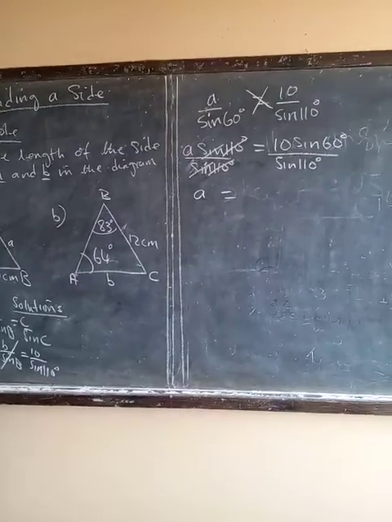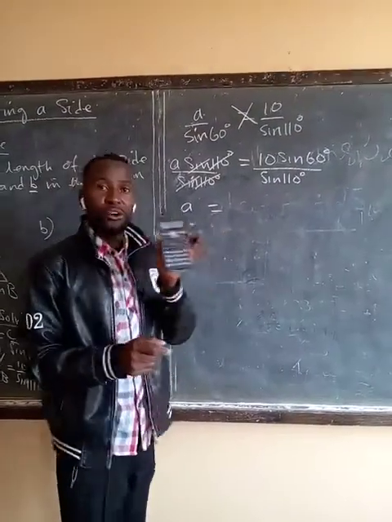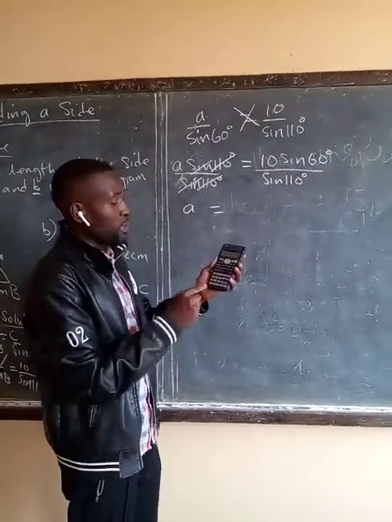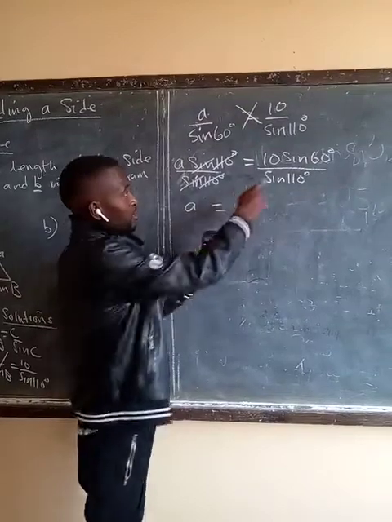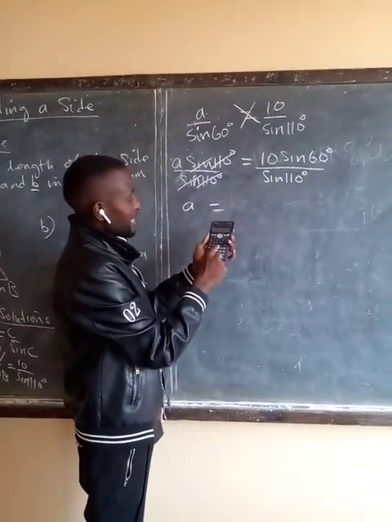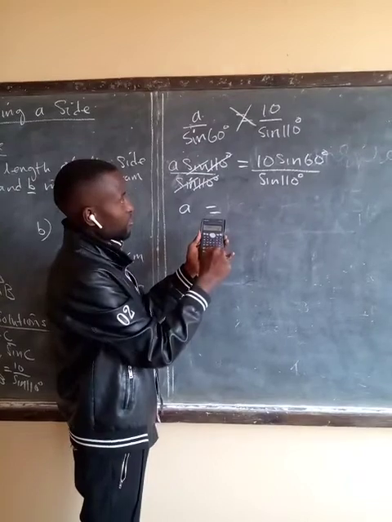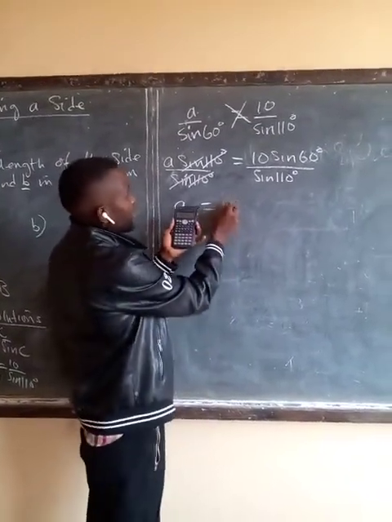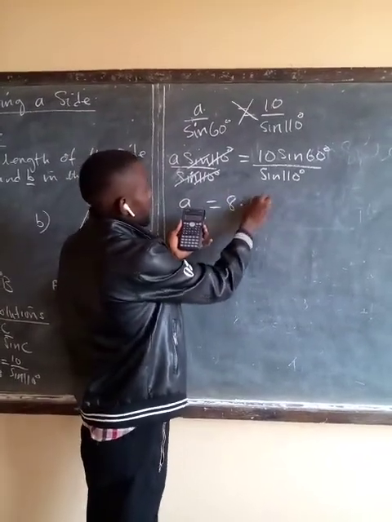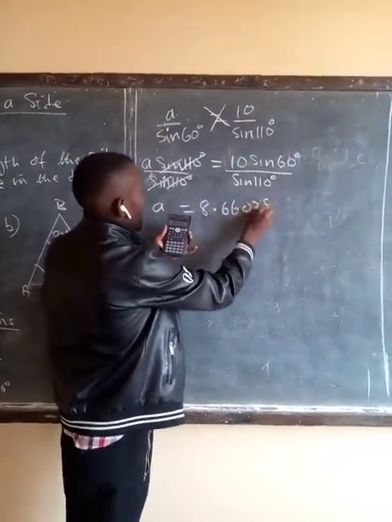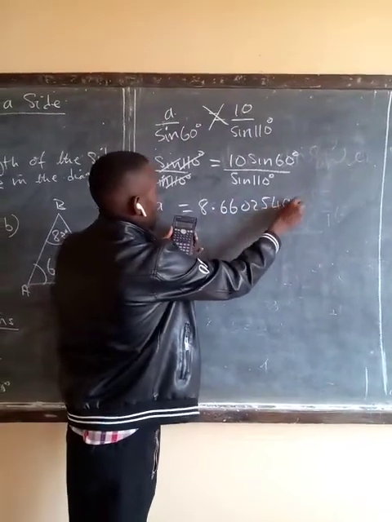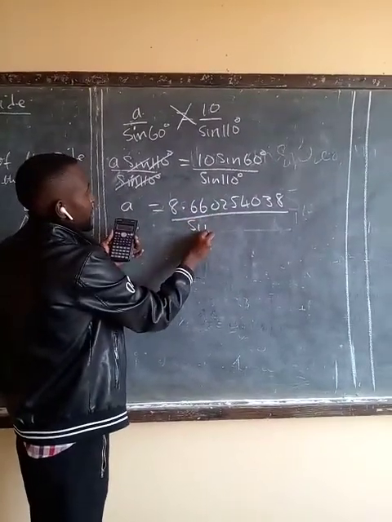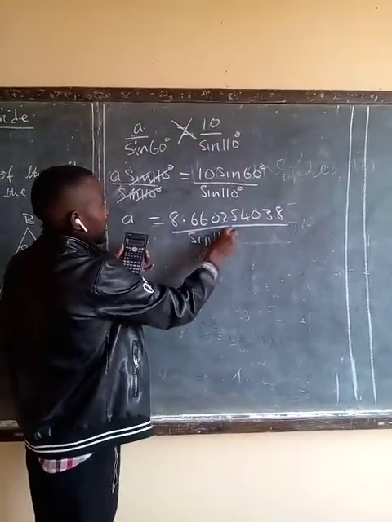Make sure that in your exam room you have a calculator like this, a Casio, that will help you get answers as quickly as possible. So you just punch 10 times sine 60 is equal to 8.660254038 divided by sine 110 degrees.